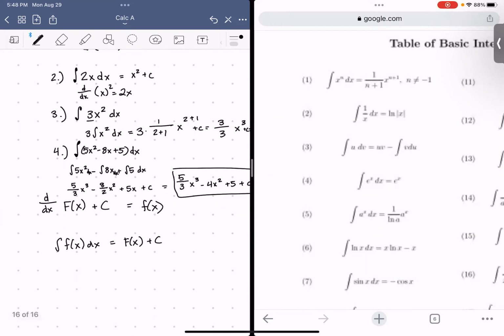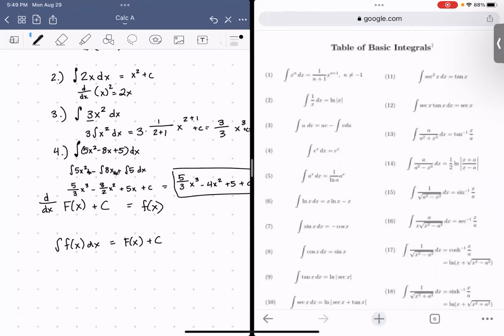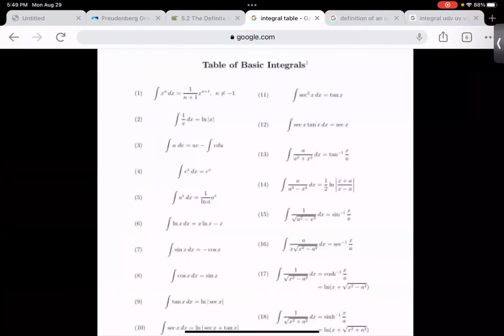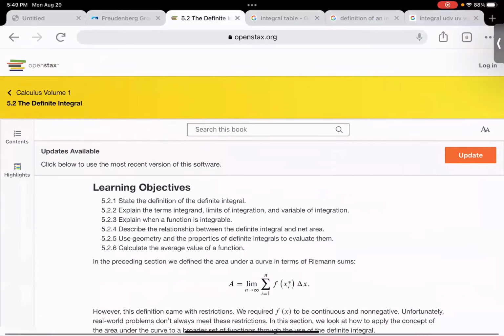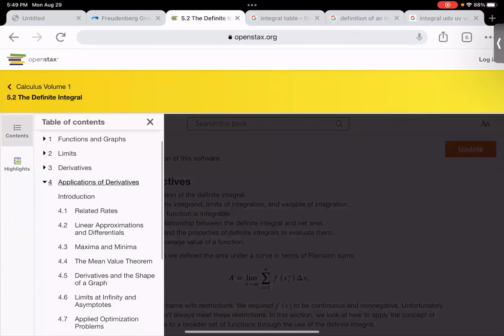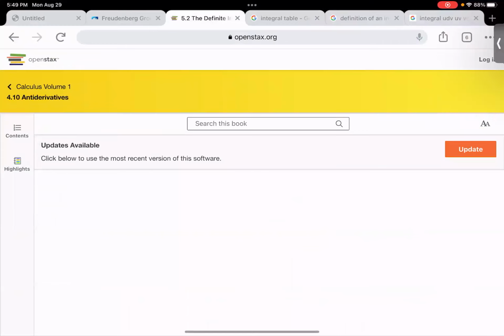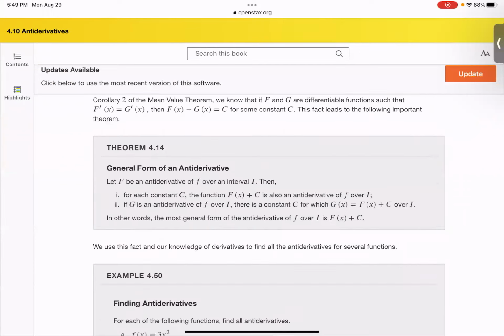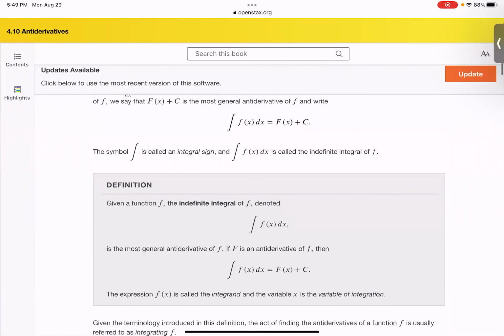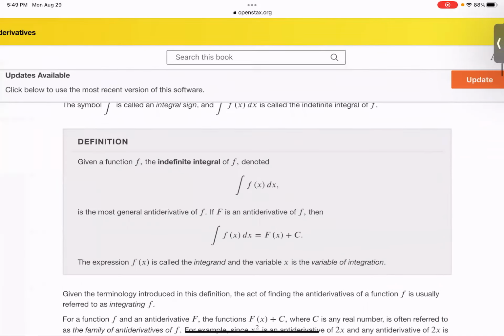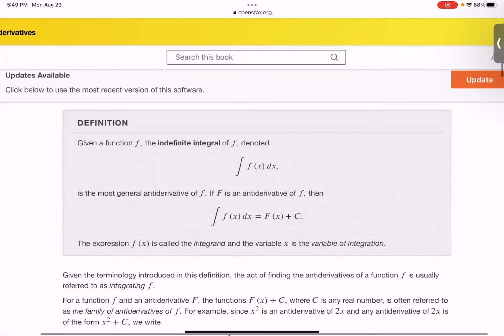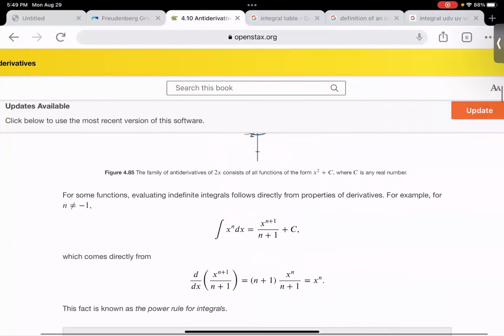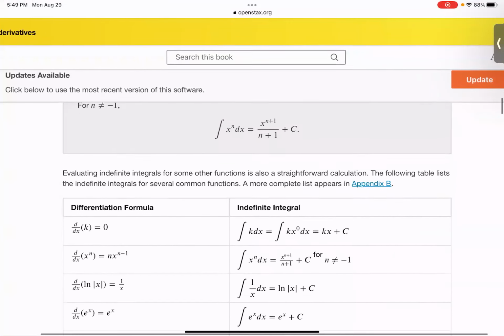This is really important. I believe this is also in chapter 3.1, the last chapter in your derivatives textbook, so you can go ahead and take a look at this. Antiderivatives and integrals are basically the same thing. Here's the definition of the indefinite integral, and here are some rules.